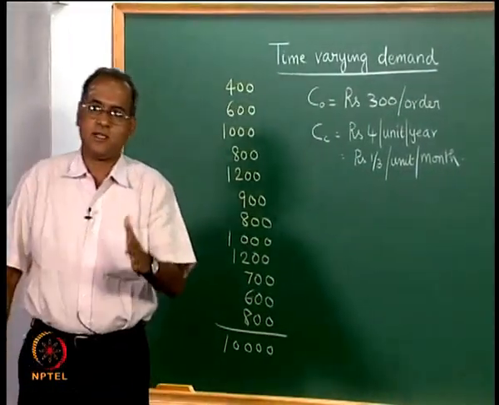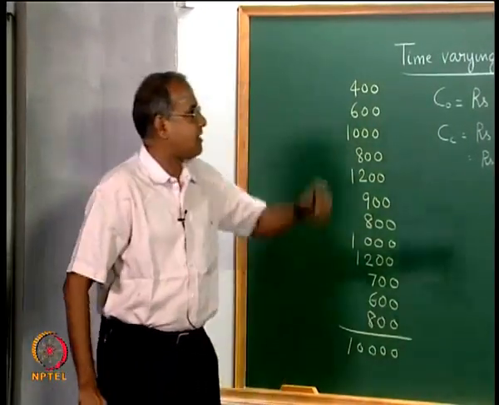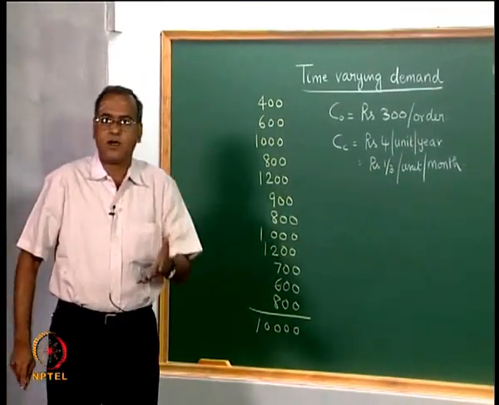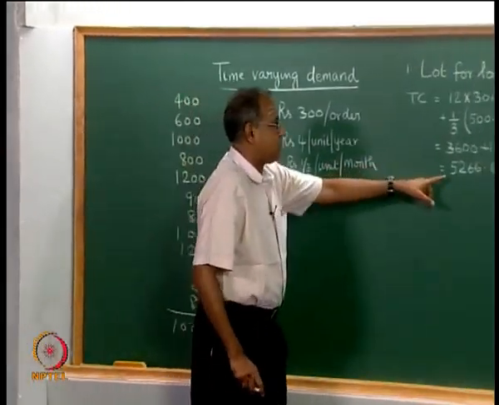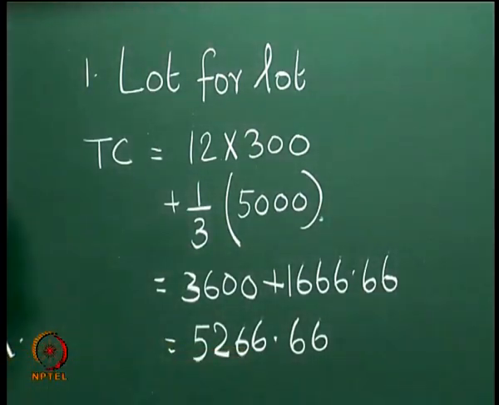We also saw in the last lecture that the optimal solution to this did not have an order in each of these months. It had 7 orders in the 12 periods, and the optimum value or the best value was 5,000, and this heuristic is giving us a value of 5266.